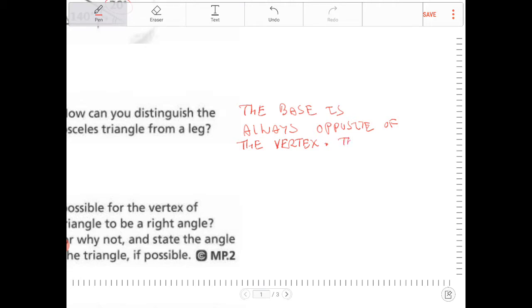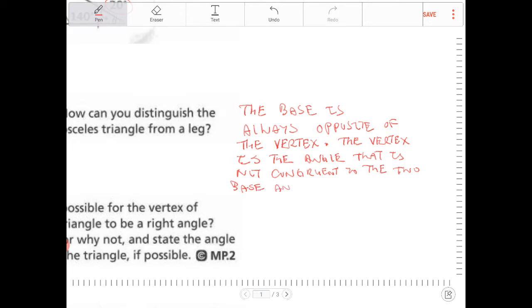The vertex is the angle that is not congruent to the two base angles. So that's one way of thinking about it.